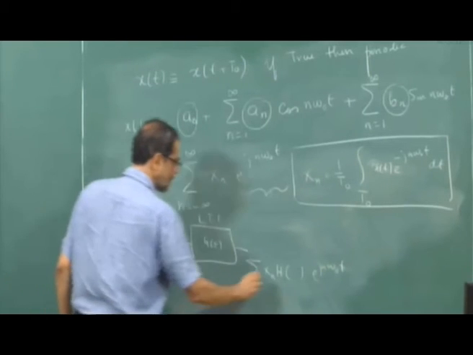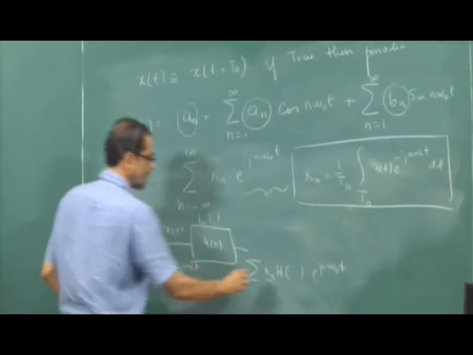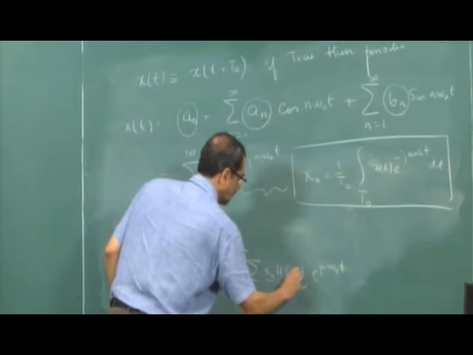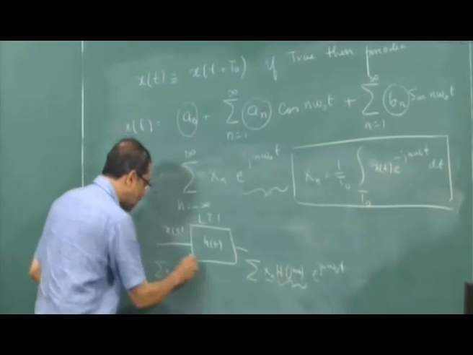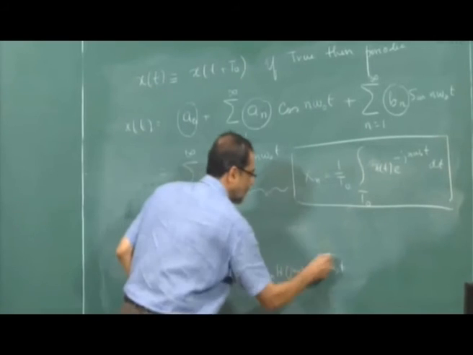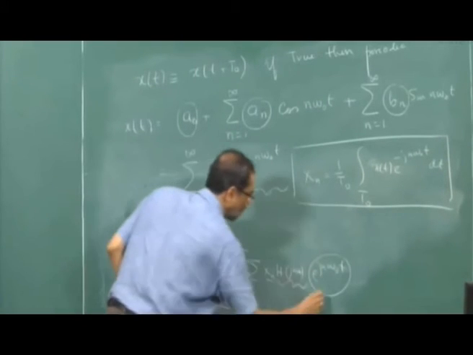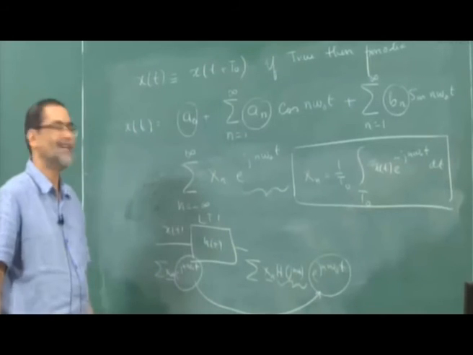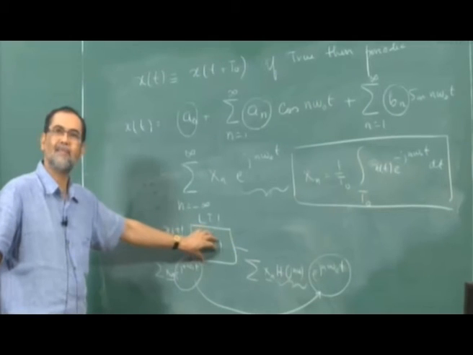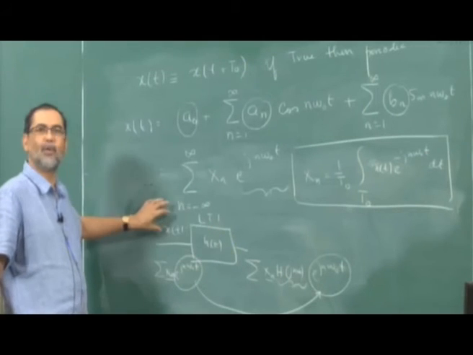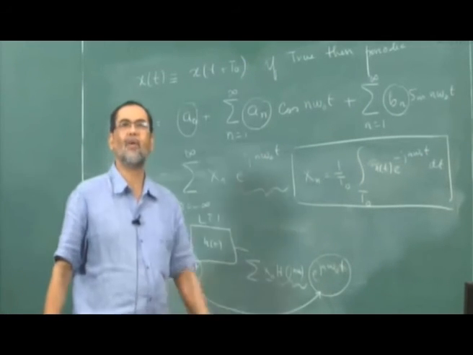Xn is a constant, it comes out, there is a frequency dependent scaling factor and the same frequency comes out. That is the beauty of eigenfunctions. So what this says is, the moment you tell me the system is LTI and the input is periodic, I can tell you what the output will be.